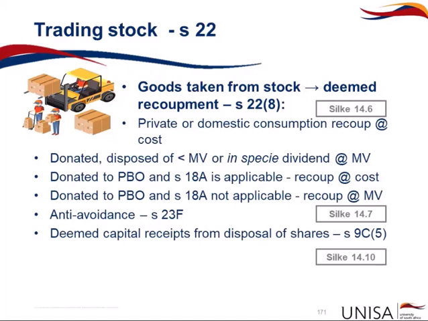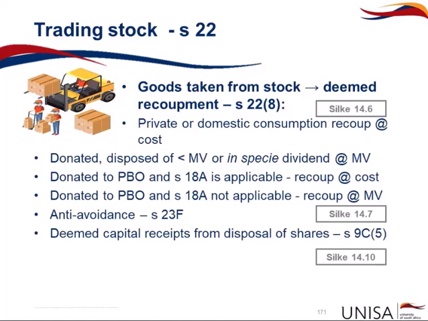Now, if we have donations to a public benefit organization and Section 18A is not applicable, so in other words, we did not get a Section 18A receipt, so therefore we would not be entitled to a Section 18A deduction, then we will recoup at market value. So make sure you read the information carefully to determine whether we are recouping at cost or recouping at market value for this trading stock that is donated.